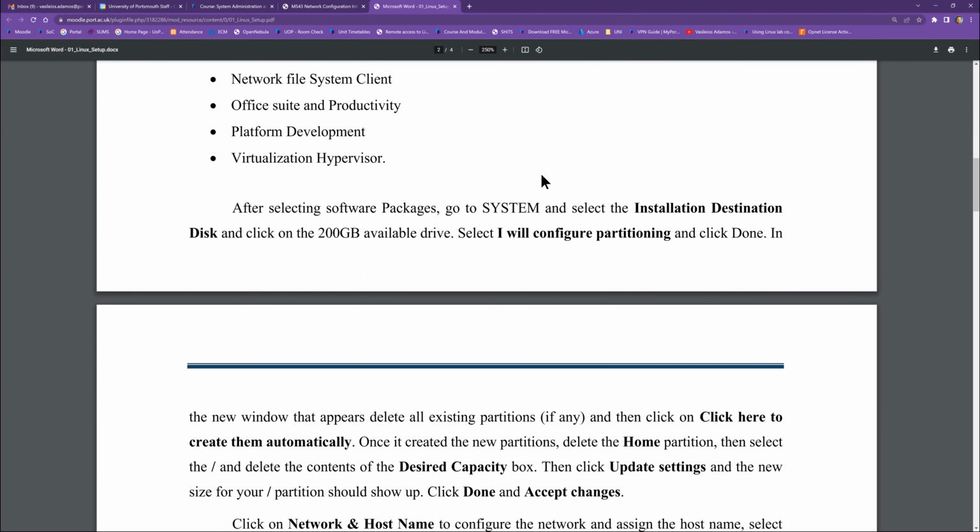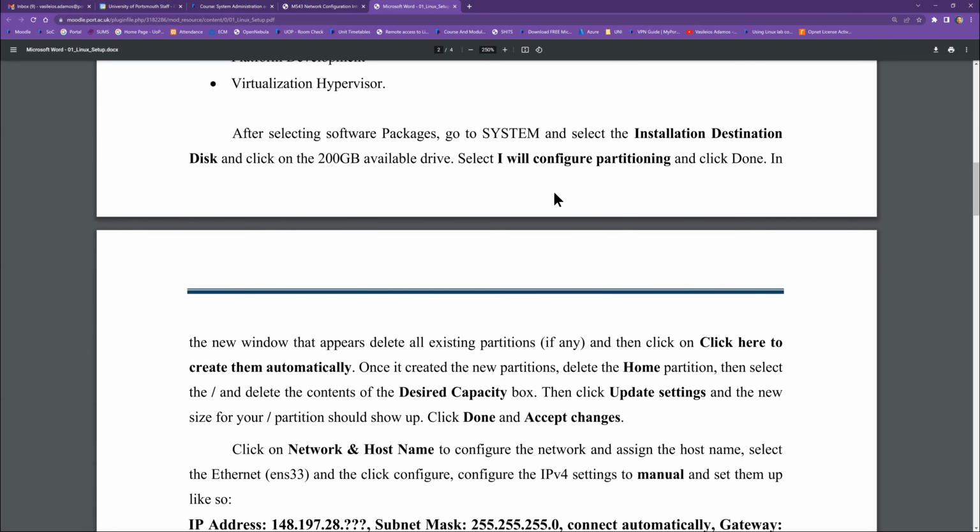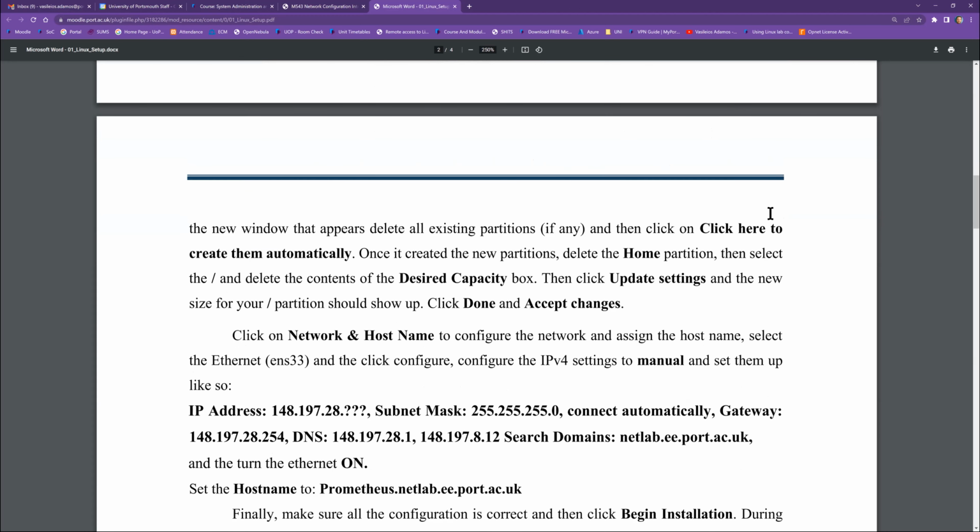partitioning. So what we do is we customize the partitioning that we have on our system, and we customize it in a specific way. You have 200 gigabytes available on the hard drive, as you set up before. We have a practice in the lab that is a little bit unorthodox for Linux.